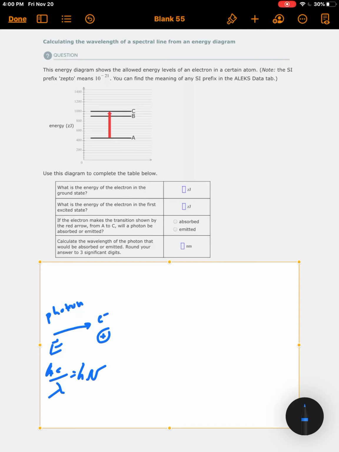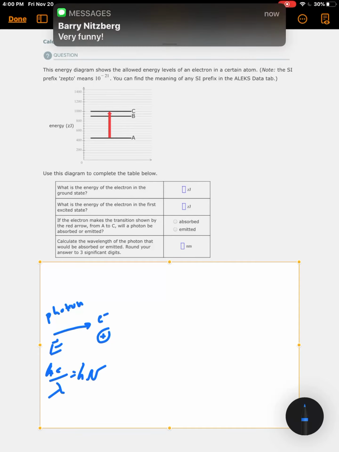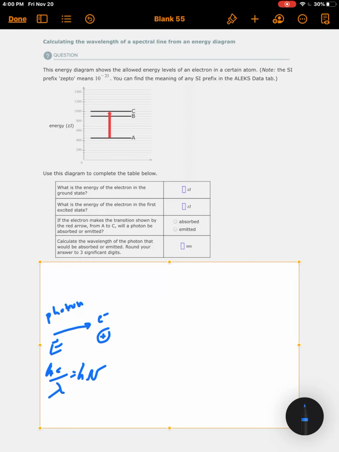So that energy is going to be transferred into the electron, and then the electron will move up to a higher energy. So the electron moves up here. That's absorption. Emission is the opposite. When the electron comes down from a higher level to a lower level, that's emission. Okay, so we've got that taken care of.